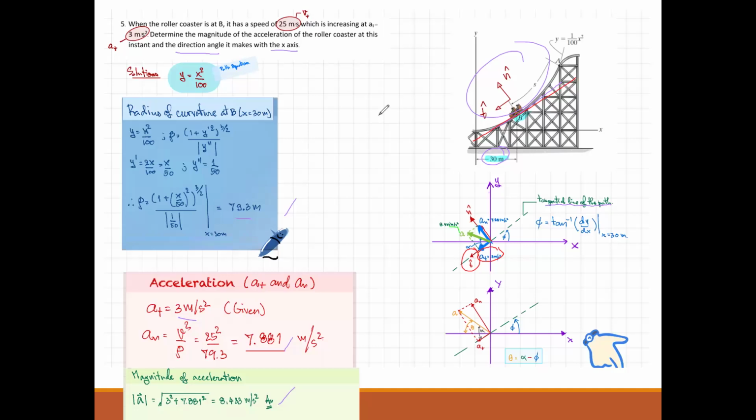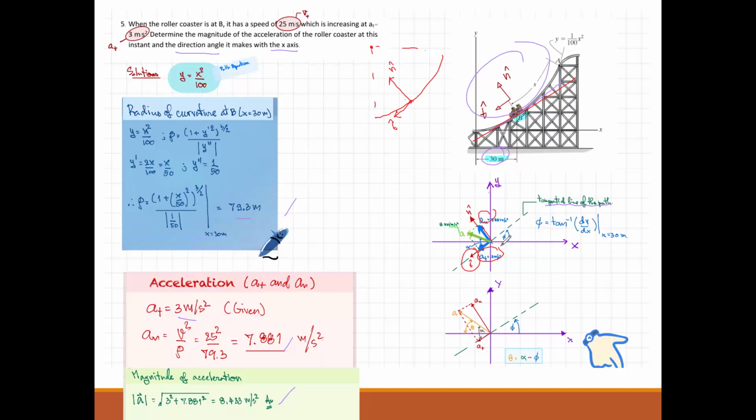For this case, the curve is like this, so the center of curvature should be around here. Tangential is this direction and normal should be this direction. According to this, we have two components, a_t and a_n, so the total acceleration should be the green one, like this.